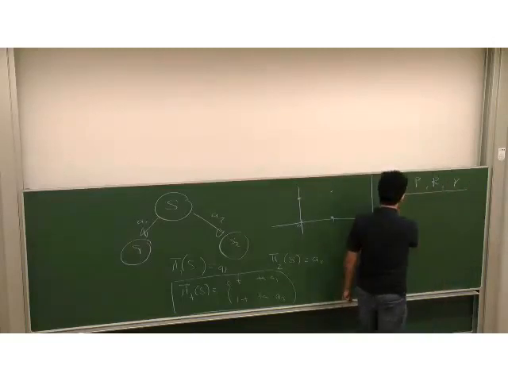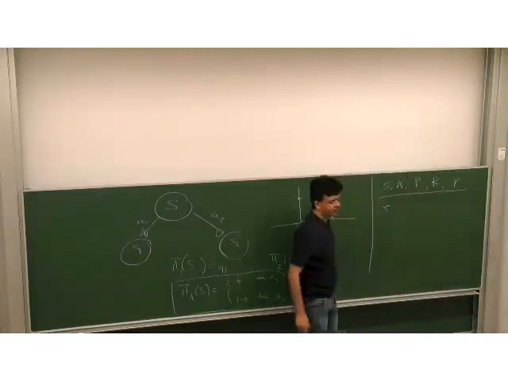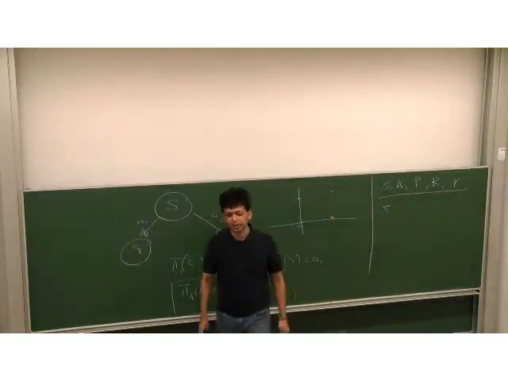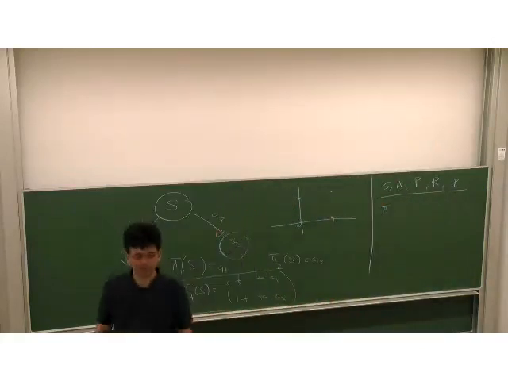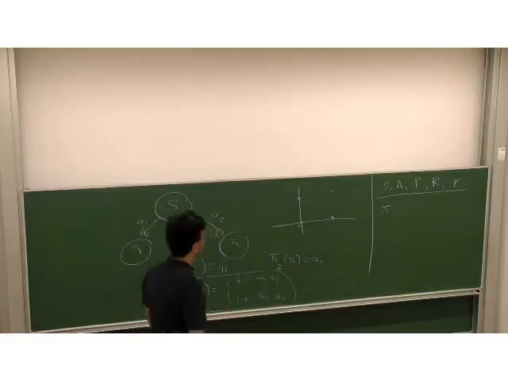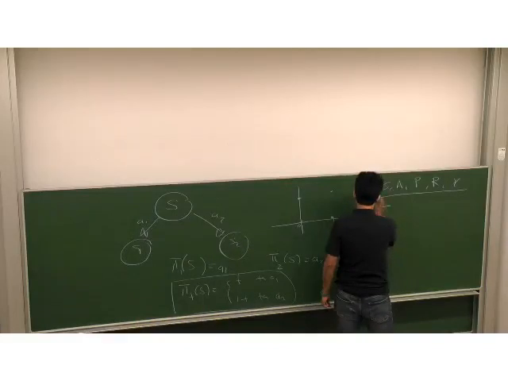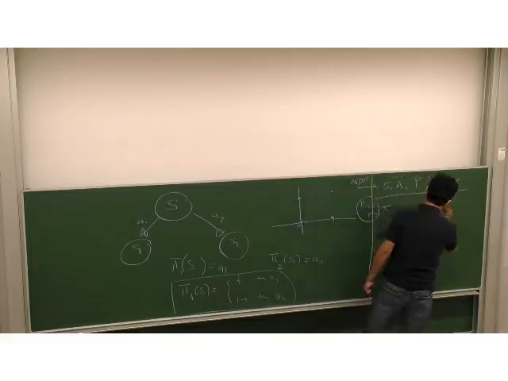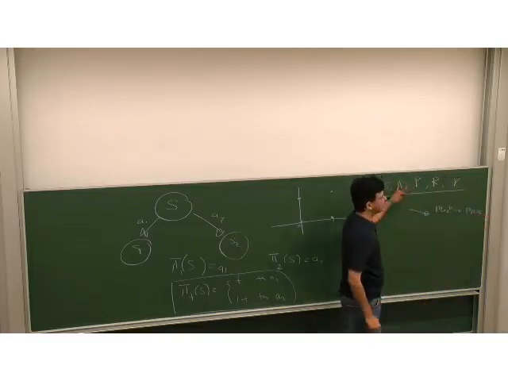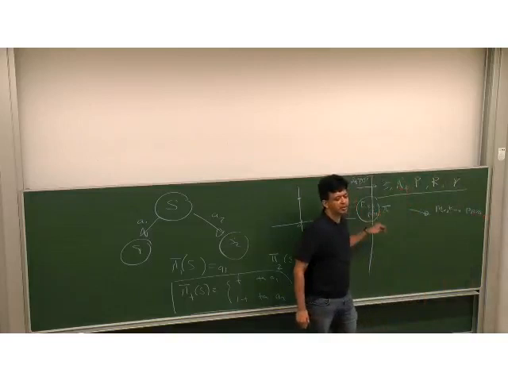If you fix any policy, stochastic or non-stochastic, what does this do? It converts this MDP into a Markov process, essentially, because now the actions are automatic. The actions are determined by your policy.